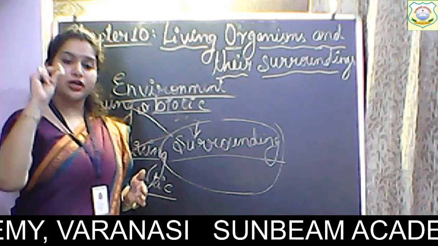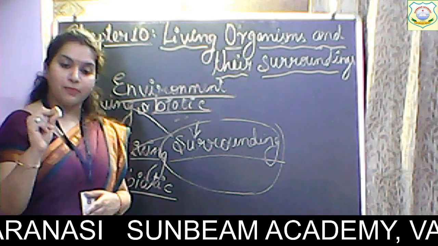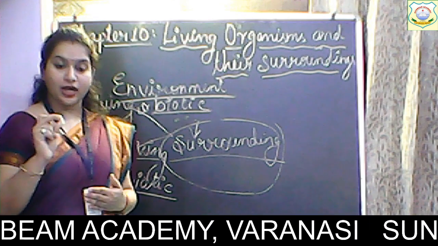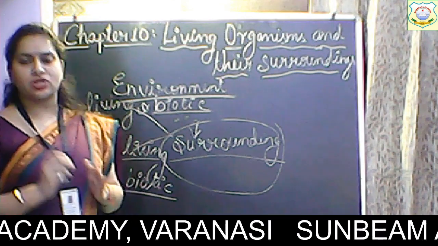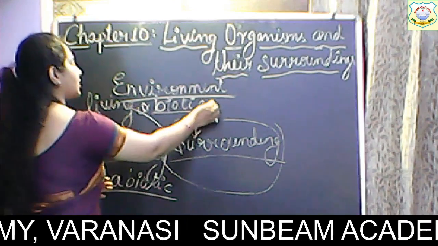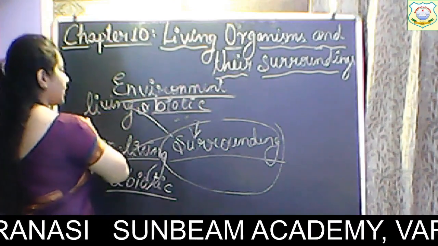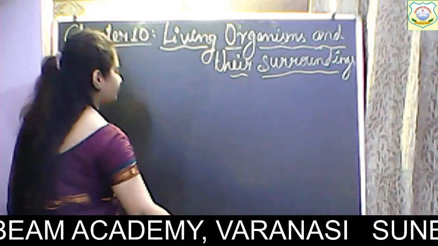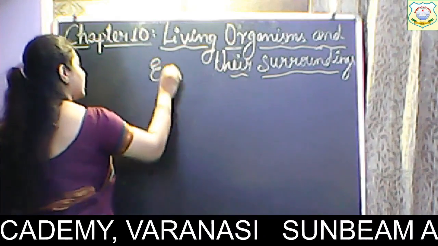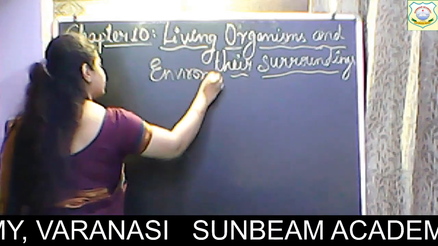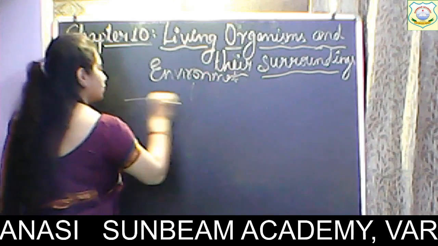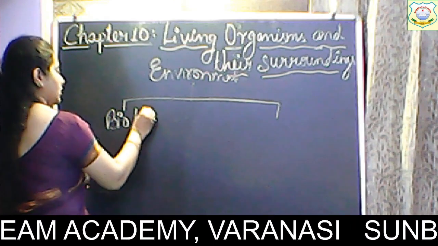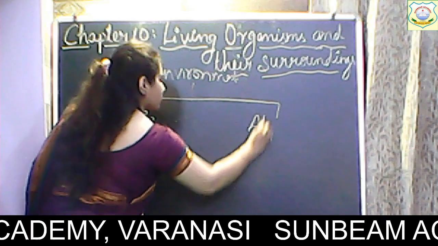This chalk is non-living or abiotic, but I am dependent on it. I am just trying to explain, children, every biotic and abiotic thing is dependent upon each other. So environment includes two things. It includes biotic and abiotic components.